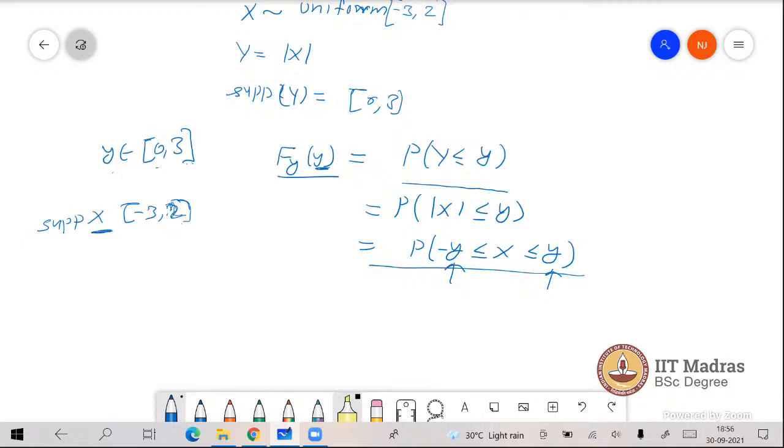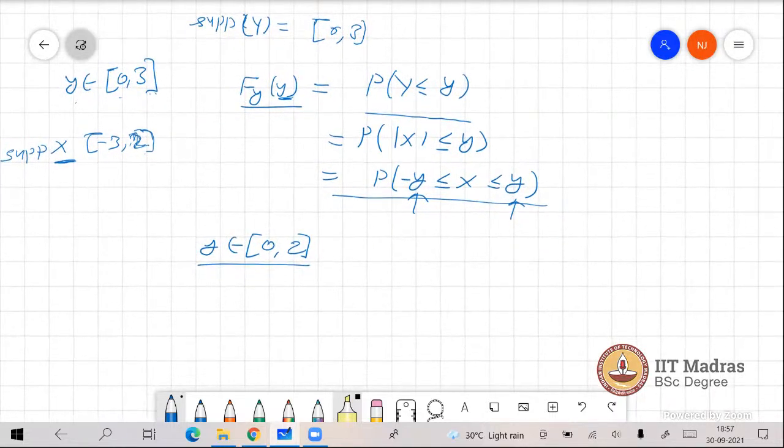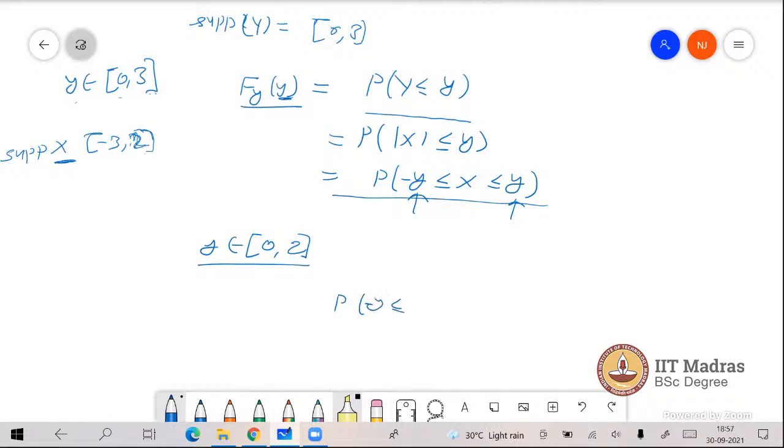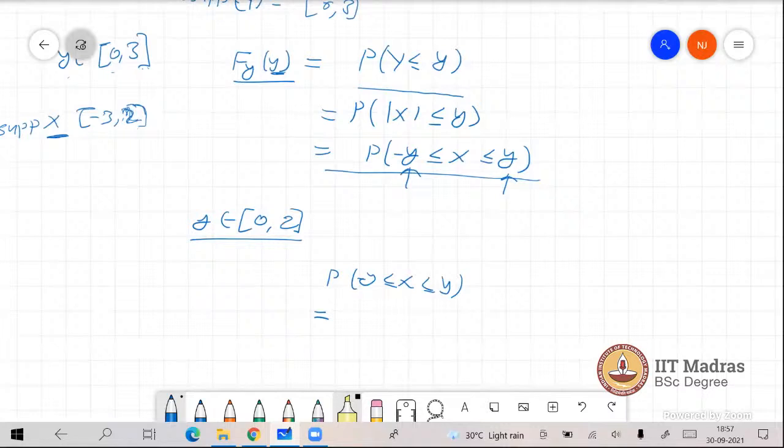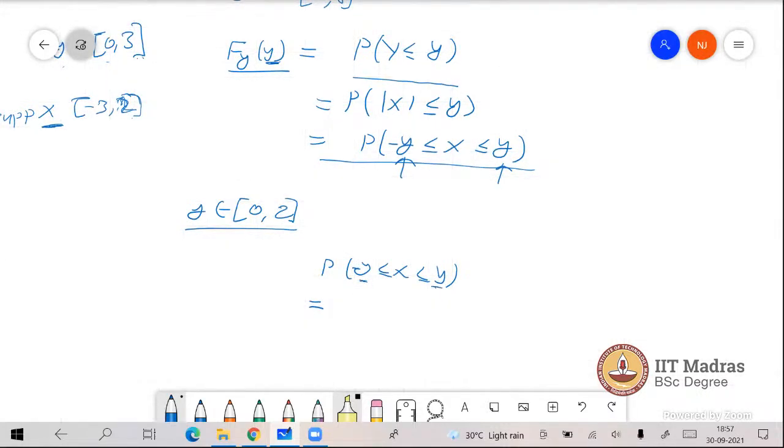So what I will do, I will take y first inside 0 to 2, because in this case I have no problem. I can just write it as P of minus y less than or equal to X less than or equal to y. In this case, both the lower limit and upper limit will be inside the support of X. So what will be this probability?